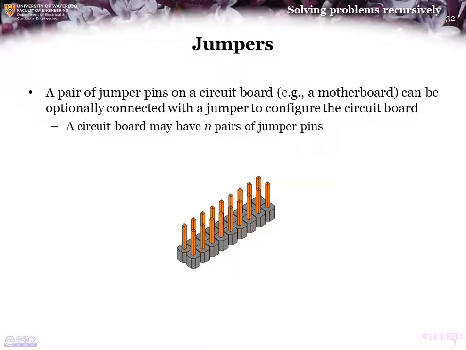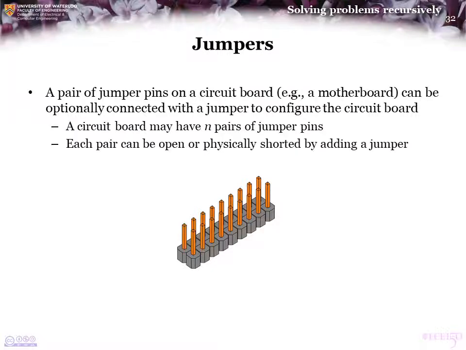So a circuit board may have n pairs of jumper pins. Each pair can be either open or physically shorted by adding a jumper. So for example, here we see that we already have 2 jumpers in place, and we could short the second last pair by pushing a jumper down.